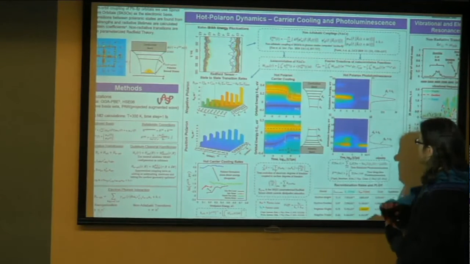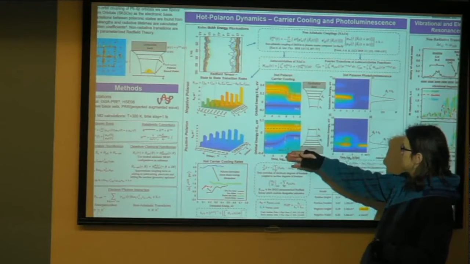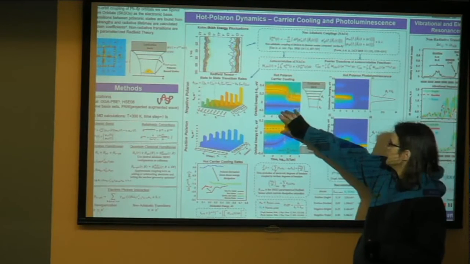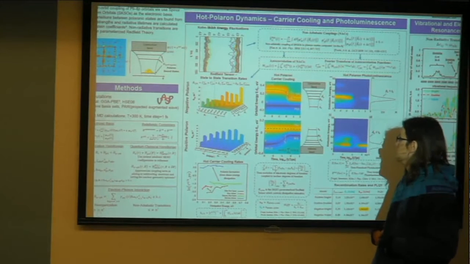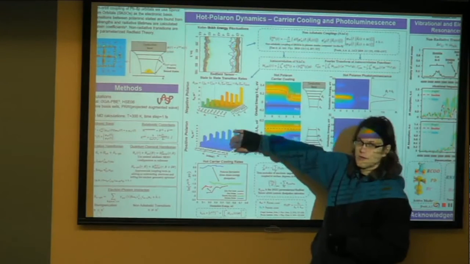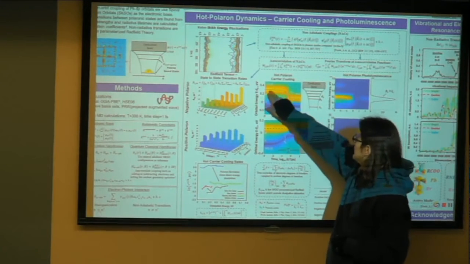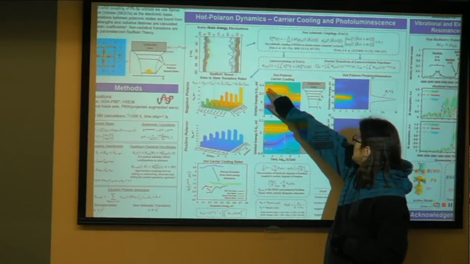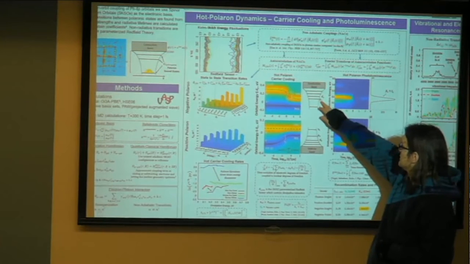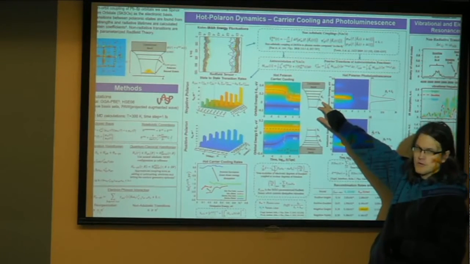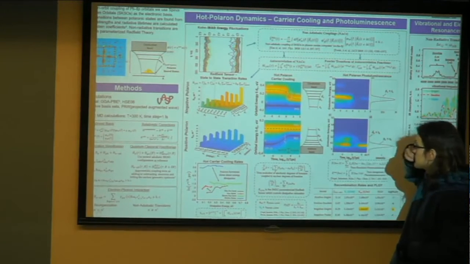So that's the expectation when we run the actual simulations. We give it an initial condition and then we just run the dynamics based on these rates. And so what's shown here is you have a hot electron or hot polaron, and it cools to what we call this P state in the polaron potential well.